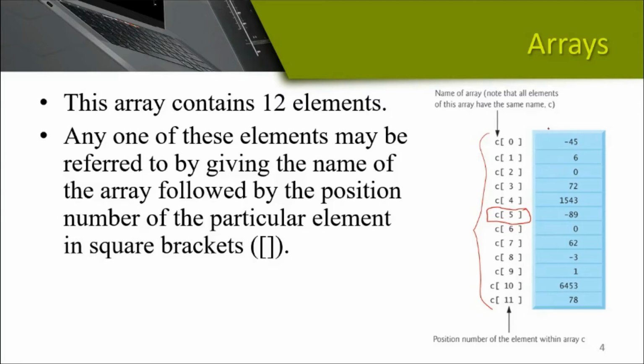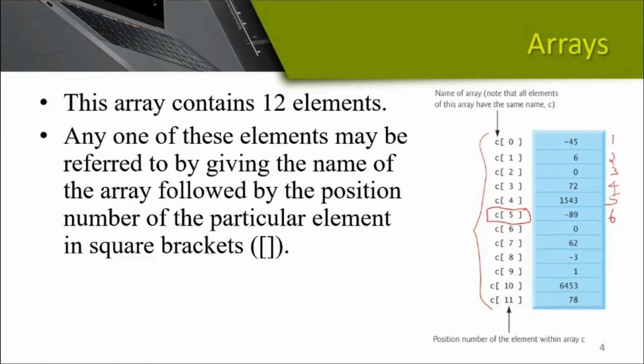So this is the sixth element. This is the first element, this is the second, third, fourth, fifth, and the sixth. So the sixth element is C with index 5. That is how the values inside arrays are accessed, using the index values.